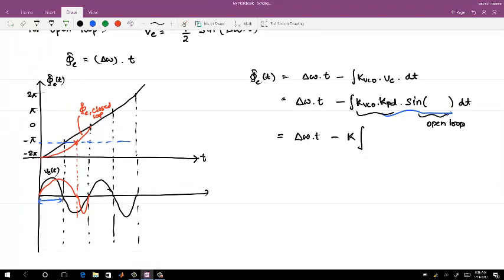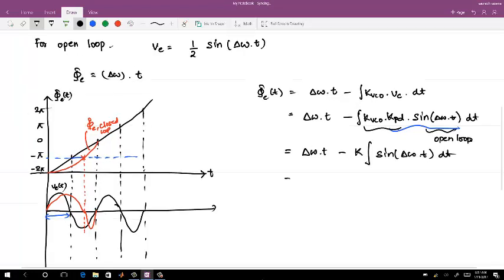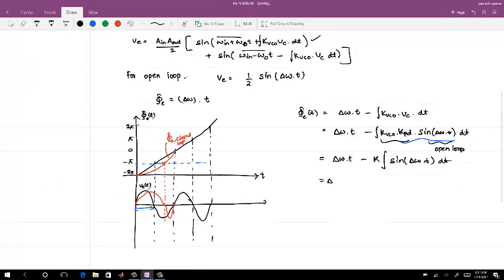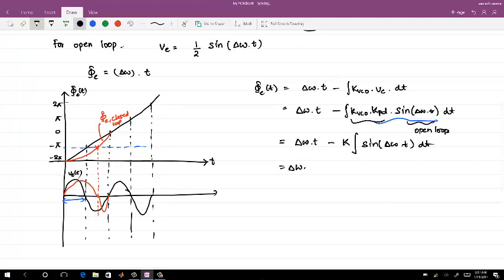So delta omega t, which is minus K by delta omega cosine of delta omega t, and you consider this over one period.